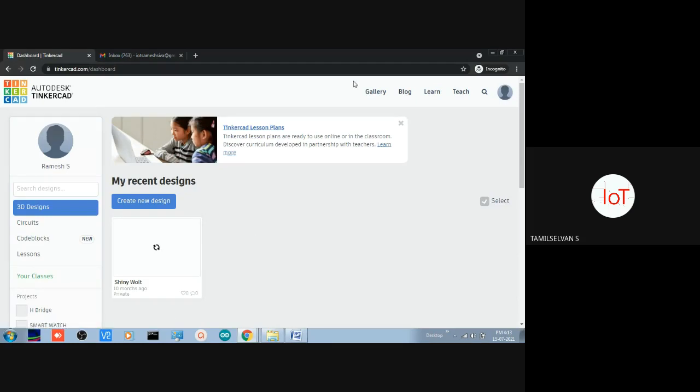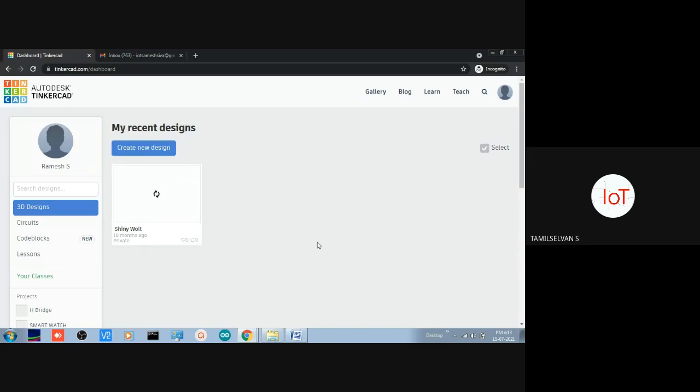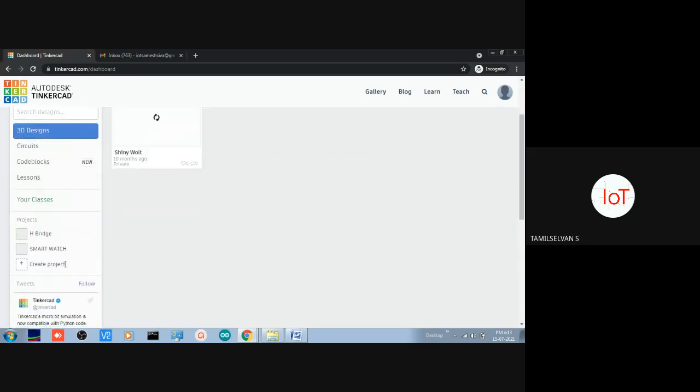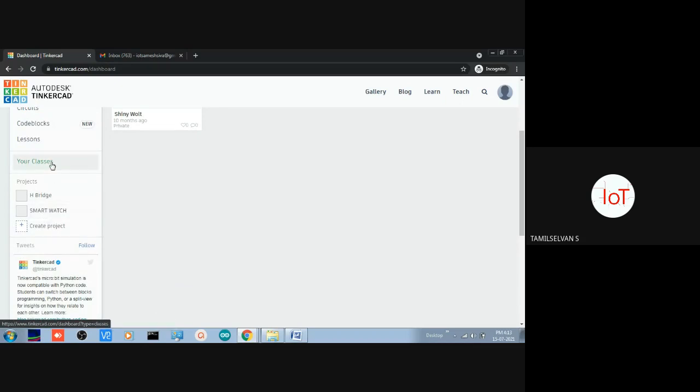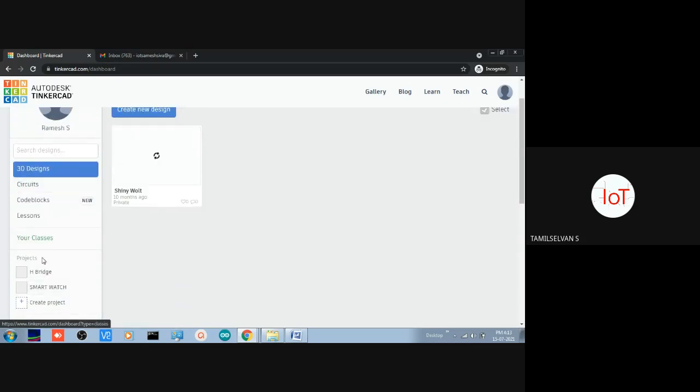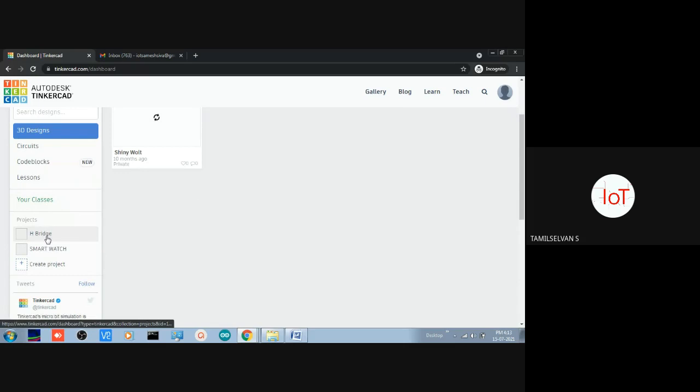And once you have logged in, your dashboard will look like this. Here are some of the projects that I have created earlier, which will be listed under this project category.